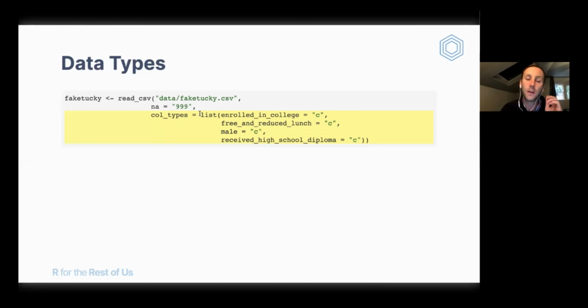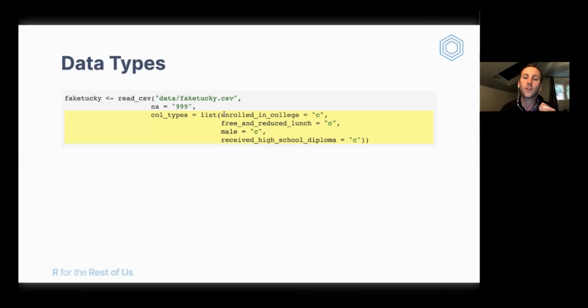And it does have a kind of funny syntax, not funny, but a syntax you probably haven't seen, where you have to do list and then open parentheses, and then each column equals whatever type you want it to be. For now, just C is character, D would be double for numeric, but we're only turning things into characters.